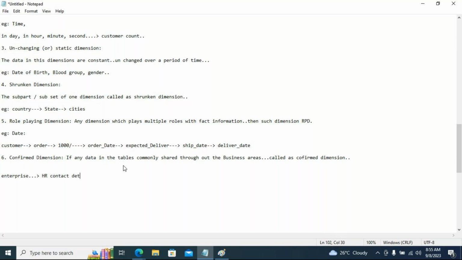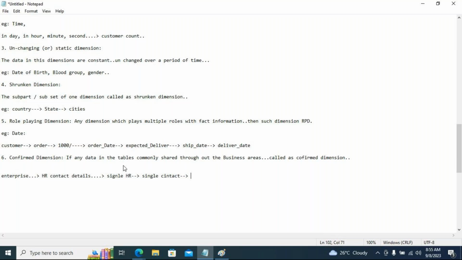HR contact details. In the HR contact details, it's not a single HR and a single contact number. Nowadays, high-scale enterprises maintain n number of HRs, hundreds or thousands of HRs.